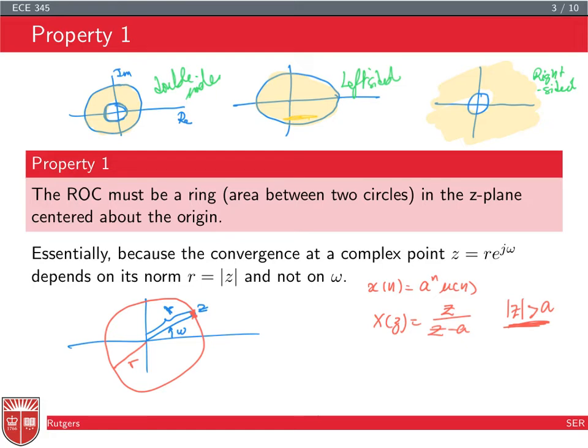And therefore, what you have to keep in mind is that the ROC has to look like one of these three cases: either the interior of a ring, or the interior of one circle, or the exterior of another circle.